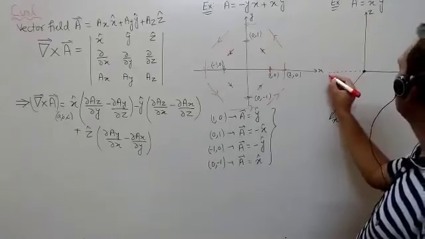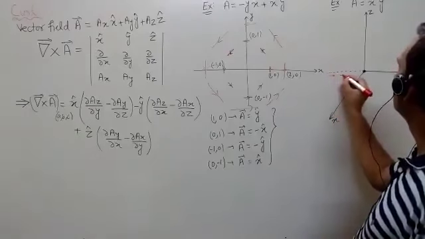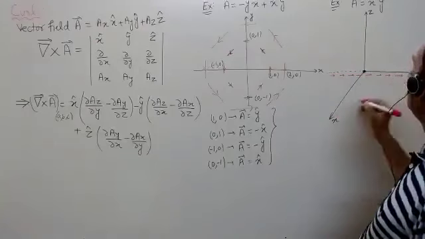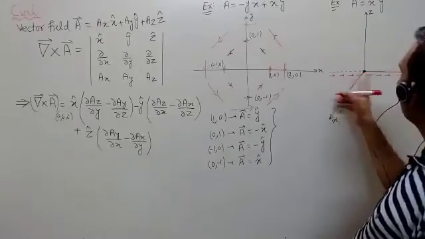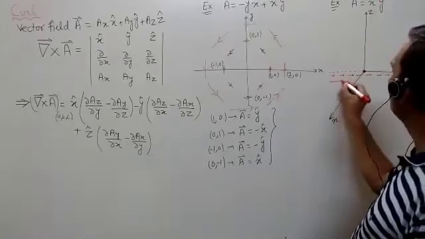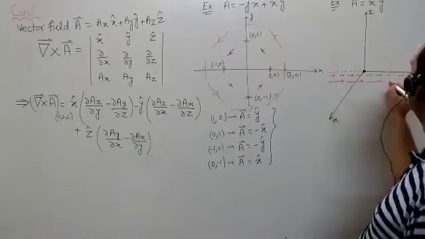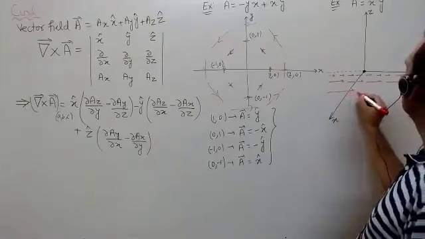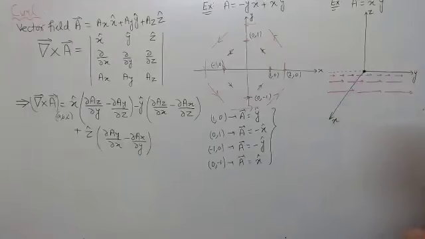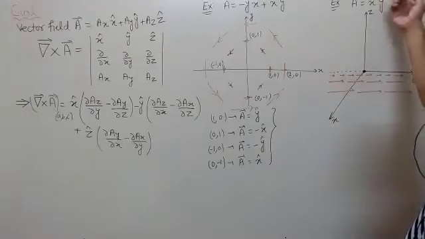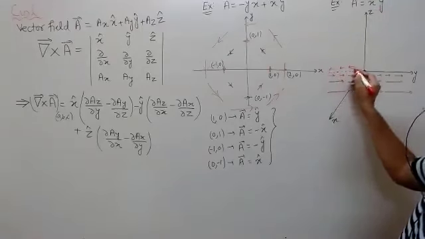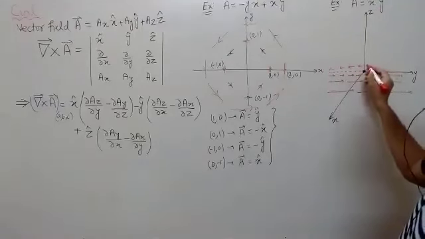So we can represent this direction as x is positive, direction is y cap. And when x is 1, magnitude is 1. When x is 2, magnitude is 2. When x is 3, magnitude is 3, and so on. You can easily plot this. And similarly, when x is negative, direction is minus y cap.